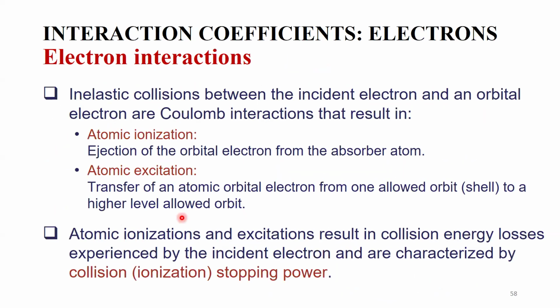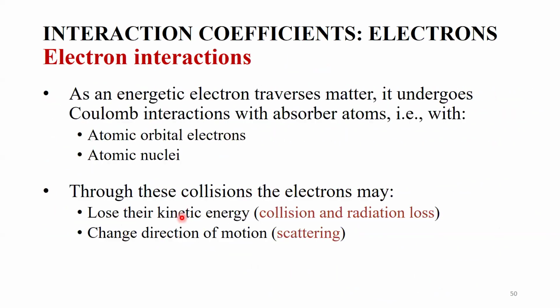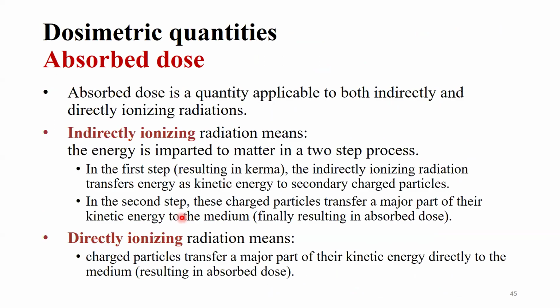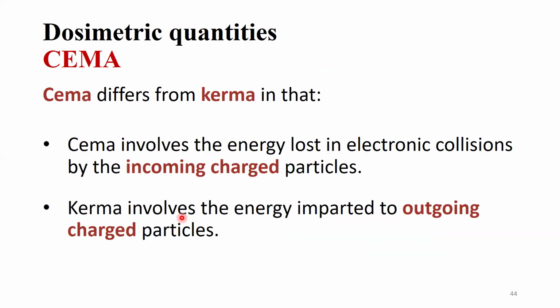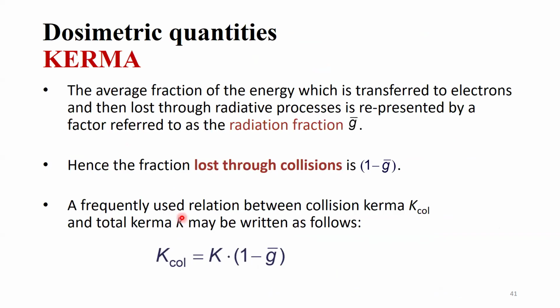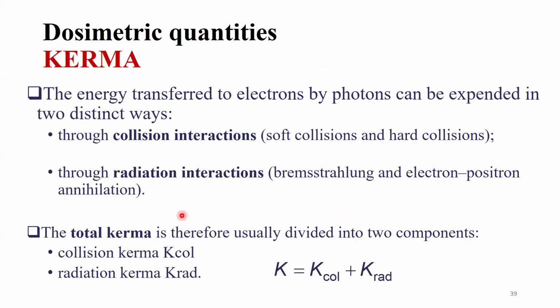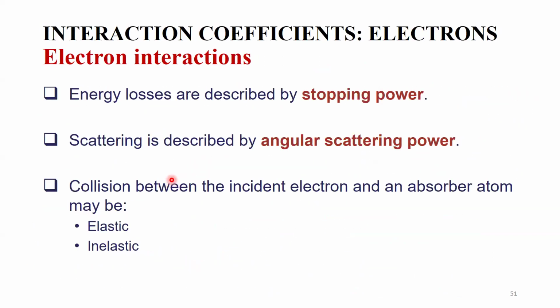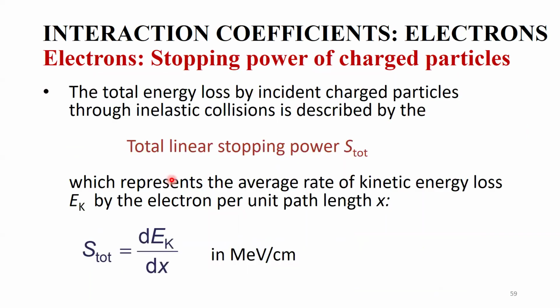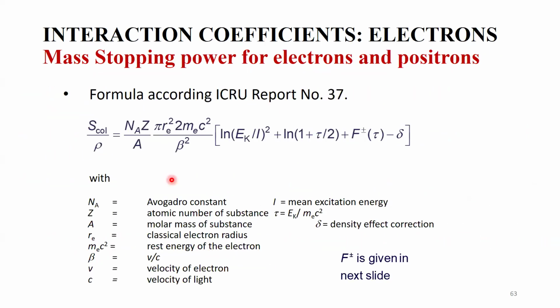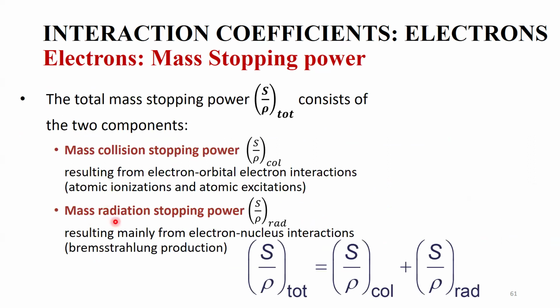As we said before, in one of the previous slides, we have collision interaction and radiation interaction. So here, concerning the electron interaction, we have also mass collision stopping power and mass radiation stopping power. So we have a combination of these two key components.